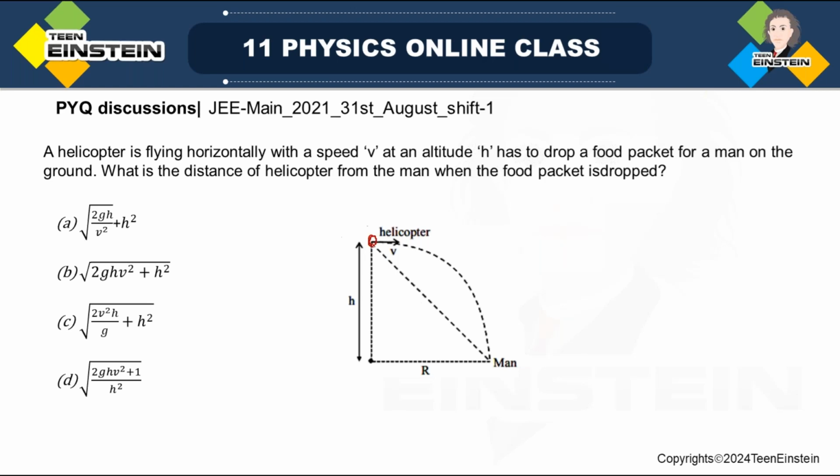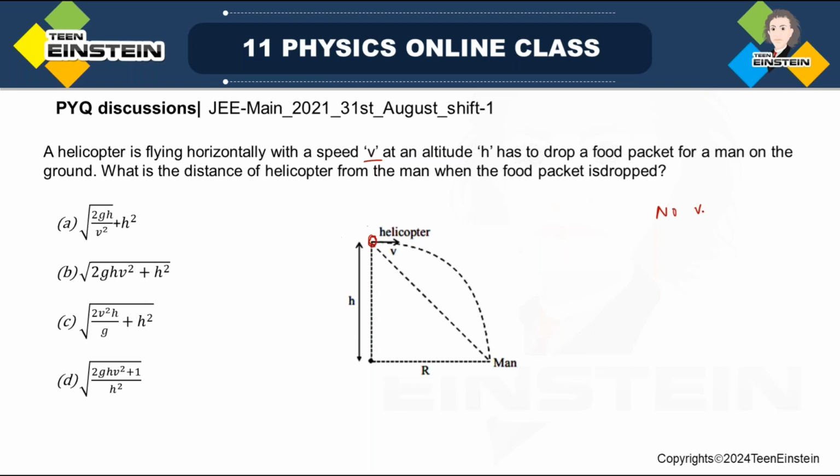That means with no initial velocity in the vertical direction. So this is the main point you have to understand, that when the helicopter is moving with speed v horizontally, it doesn't have any vertical velocity, and the food packet is just dropped. It is not thrown, it is just dropped. That means initially there is no vertical velocity.